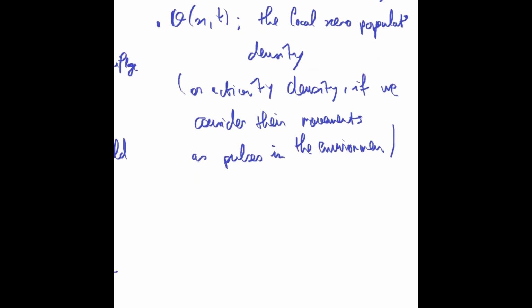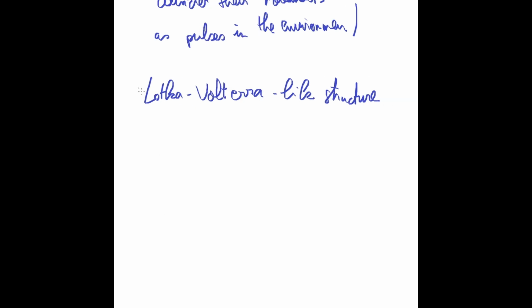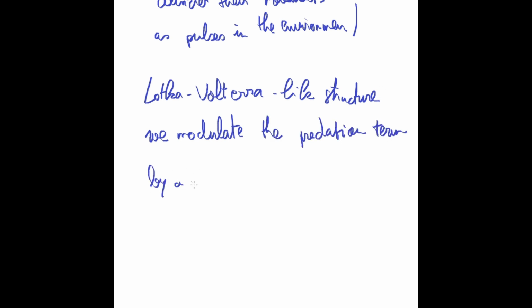So we can begin by using a Lotka-Volterra-like structure to represent the interaction system, since it is a predator-prey model, but we're going to modulate the predation term by the stealth factor.